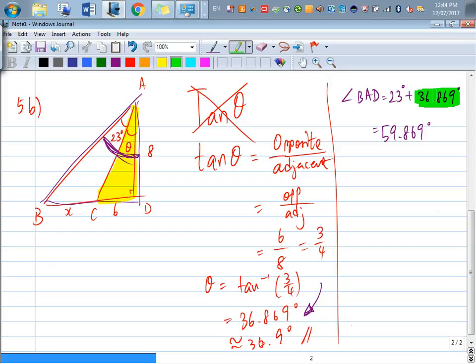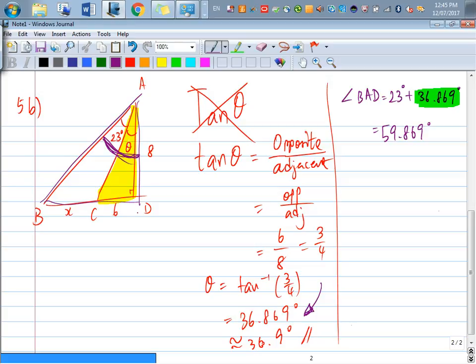Do not use 36.9 degrees because it will cost you accuracy marks. Some of you have used your rounded off values and your final answer appears to be just a little bit off. That is the reason. Okay? So we have angle BAD is 59.869. Now we want to find BC, which is x. Let us try to form an equation with this purple angle, the side AD, and the side BD.